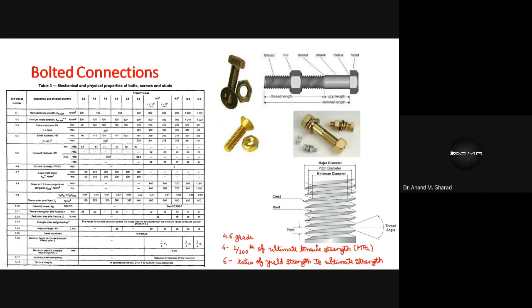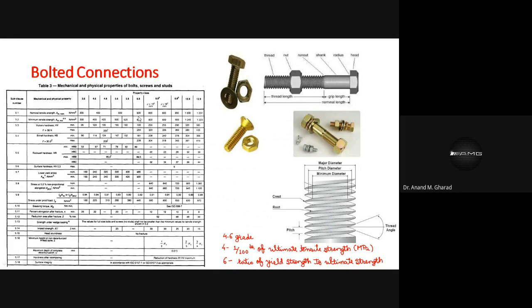Okay, and this intersection, you can say, is known as root. This is known as crest. And this angle which the thread makes is known as the thread angle. Right? So these are the different components of any bolt.